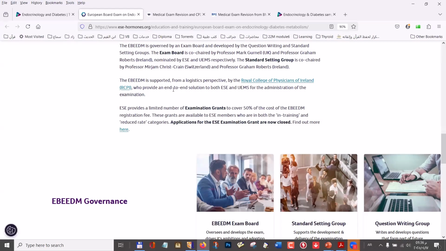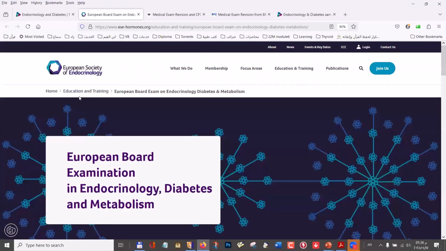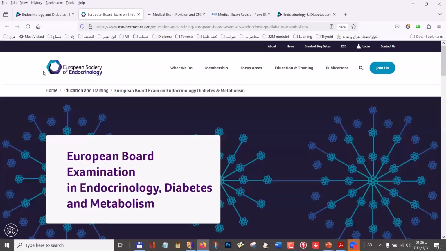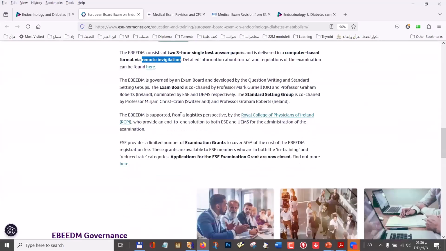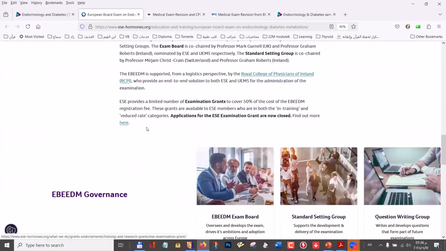So if you are preparing for the European board and you are from a low socioeconomic country like Egypt, Libya, Sudan, Syria, and so on, you should apply to be a member of the European Society of Endocrinology, and check this official website. They mention that the grant will be open at least 4 months before the exam. This is very important for the application for the ESE examination grant, which mostly opens from July or August.